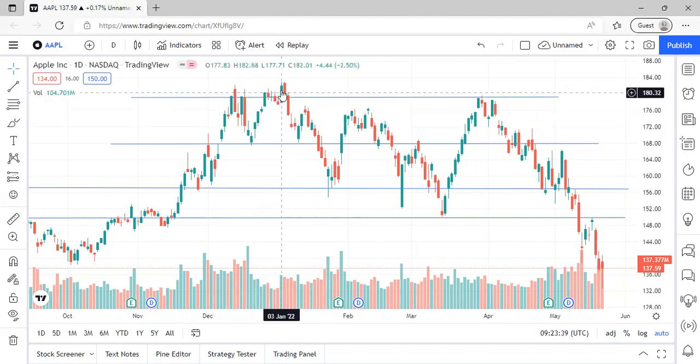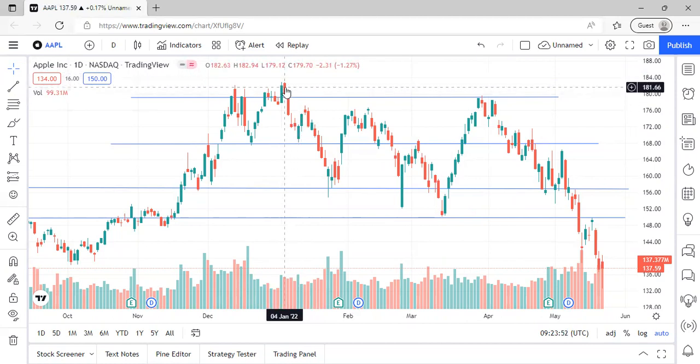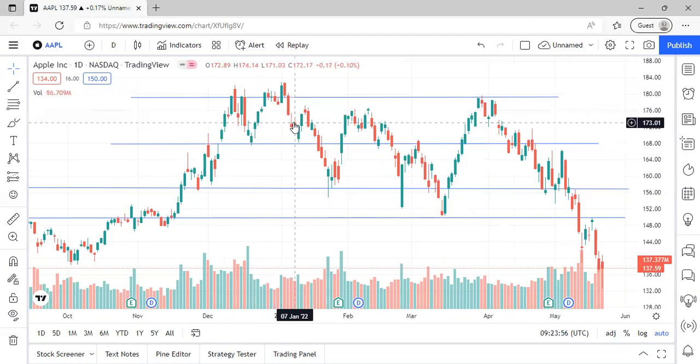And you can see this particular candlestick, on the 3rd of January, it almost goes upward, or the uptrend is starting to initiate, but unfortunately on the 4th of January, it starts to break down and the price starts to drop down to the resistance line over here, which is at 167.